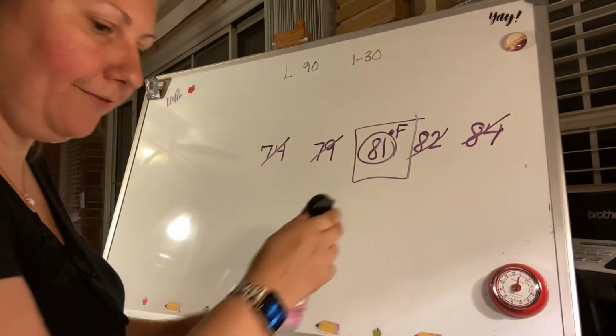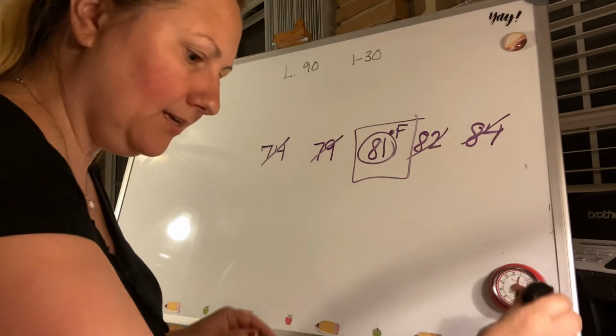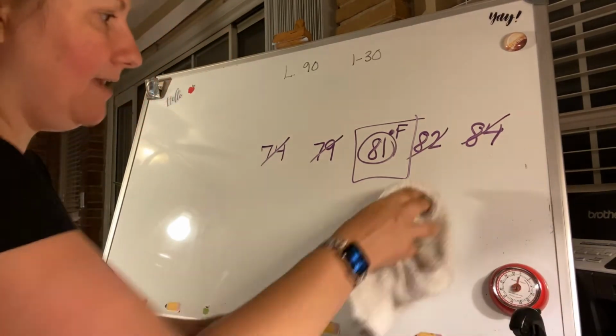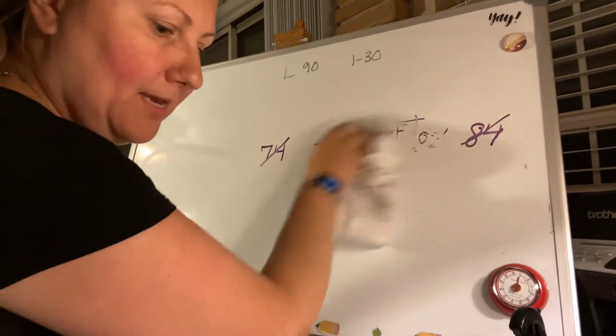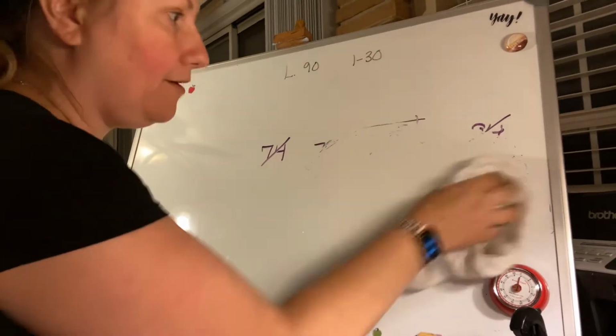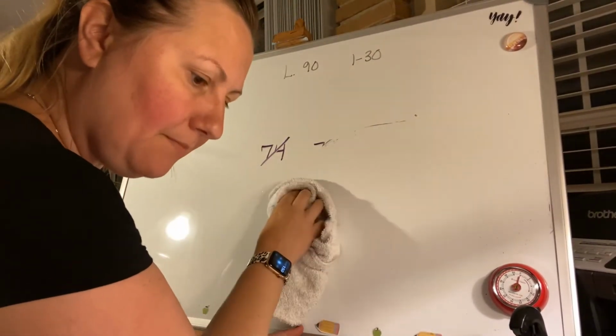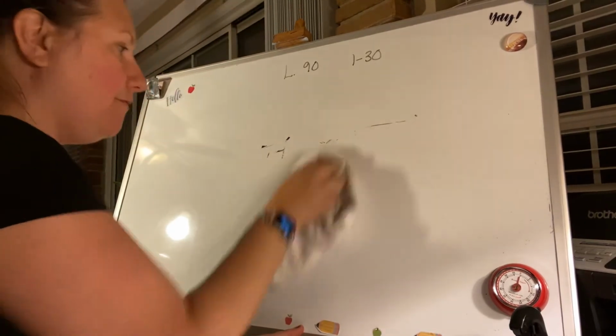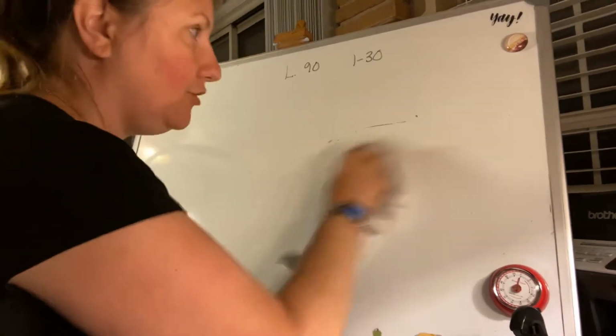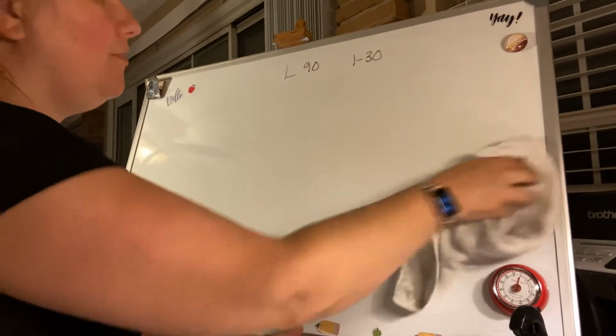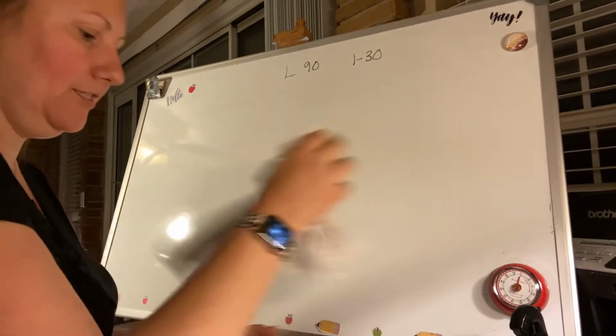Number 12 says Lena drove 368 miles in 8 hours. If she drove the same number of miles each hour, how far did she drive each hour? So the part we don't know is the each, is the first line.